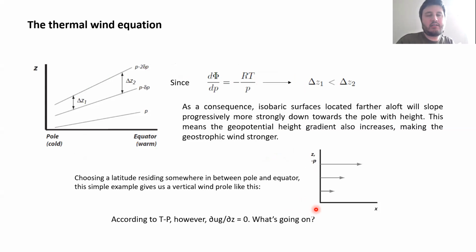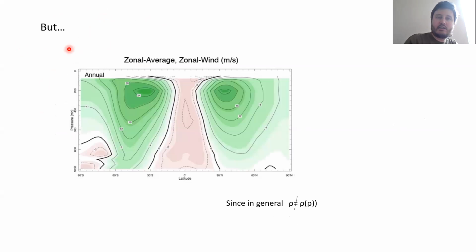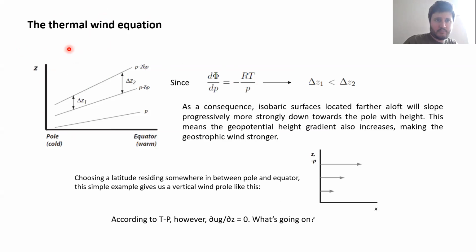We know that in the atmosphere, in general, the density of the air depends on pressure. As we go higher up, the pressure decreases, but it also depends on the temperature. So let's plot this and derive something called the thermal wind equation, which is just a description of this change of wind intensity with altitude.